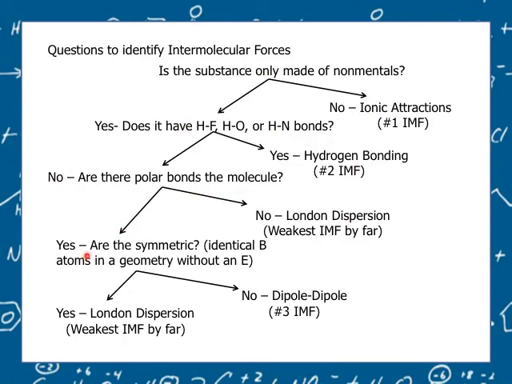So you need to ask yourself, is the molecule symmetric? And remember, that means identical outer atoms in a geometry without any lone pairs. So if you are symmetric, even if polar bonds are present, the molecule as a whole is nonpolar, London dispersion. If it is not symmetric, you are going to have dipole-dipole interactions. You have a polar molecule, dipole-dipole, number 3.